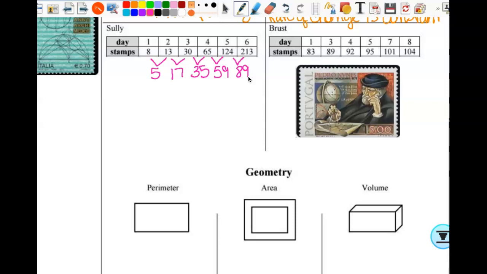So we'll go ahead and do our second differences, which will give me 12. That will give me 18. That will give me, are you sure that's 59? Yeah. It's going to be 24. Okay, so not quadratic, but we already knew that, right?